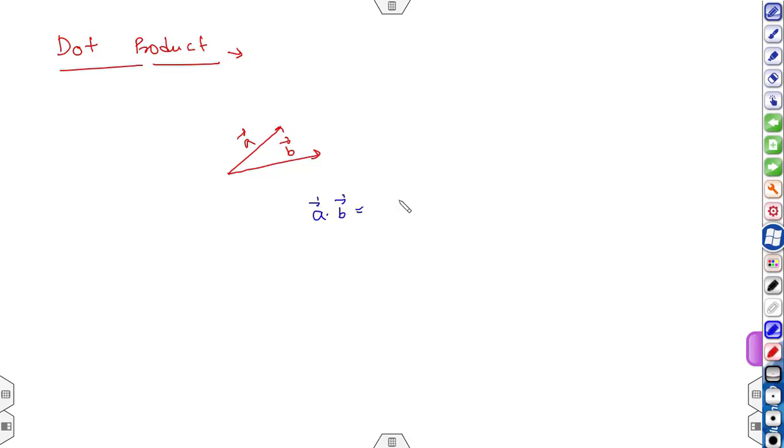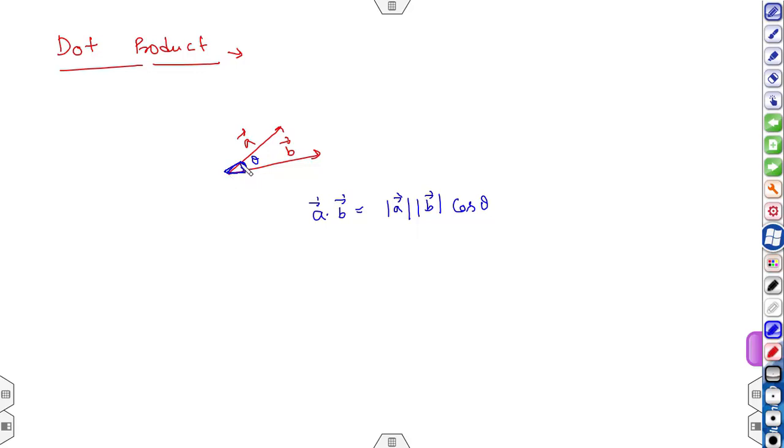Suppose the angle between these two vectors is theta. The dot product can be represented by the magnitude of vector A times the magnitude of vector B times cos theta, where theta is the angle between these two vectors. In game design, it is very difficult to find the angle between two vectors at runtime.